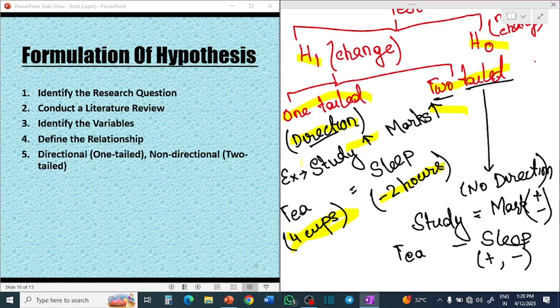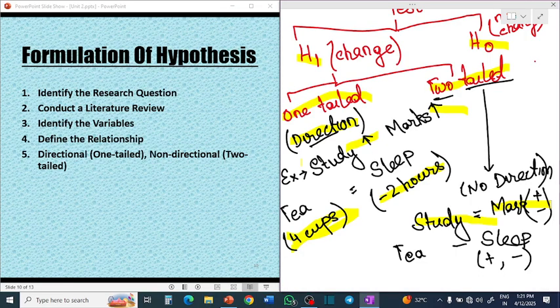In a two-tailed test, what we are told is that a change is there, but we cannot set the direction. We don't know whether it will be a positive direction or a negative direction. Over here we can say that study will have an effect on marks, but we don't know if it will have a positive effect or a negative effect.